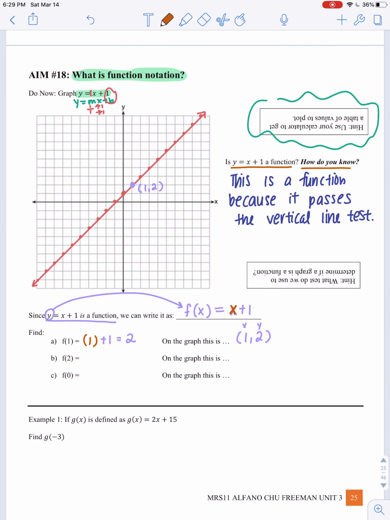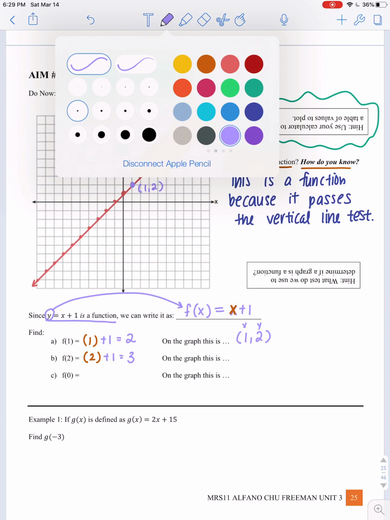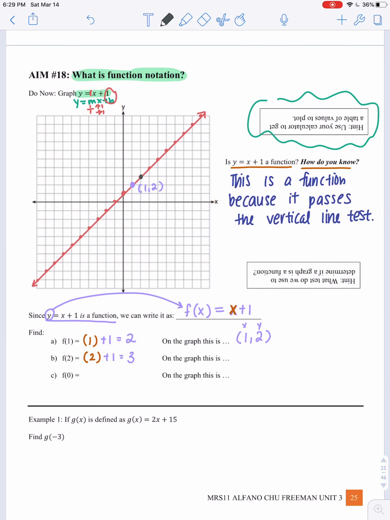Okay, let's do this again. f of 2, so instead of x, I'm plugging in 2. And then I'm going to copy down the rest of the rule. 2 plus 1 gives me 3. And let's see where that falls on my graph. When my input value is 2, my output value is 3.